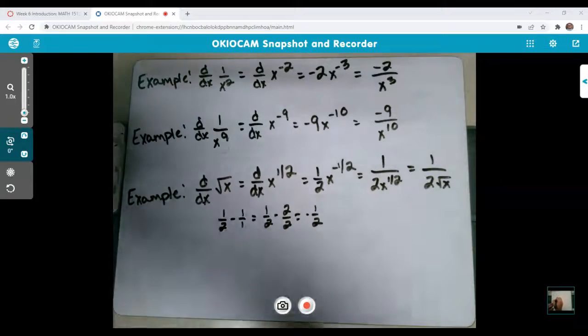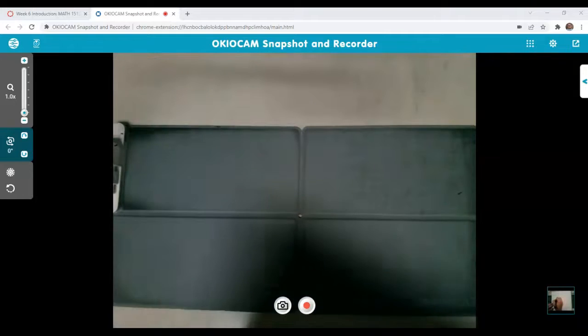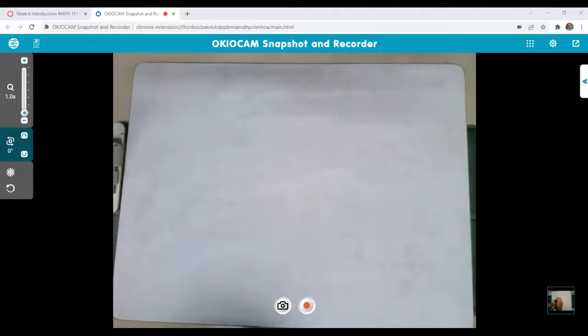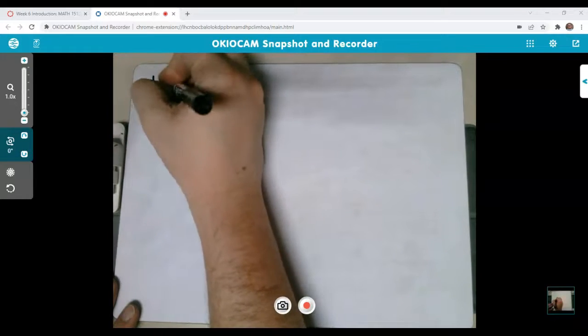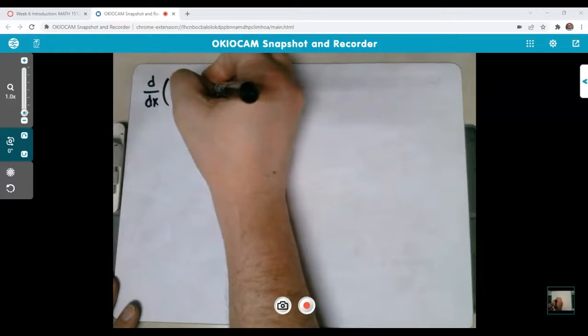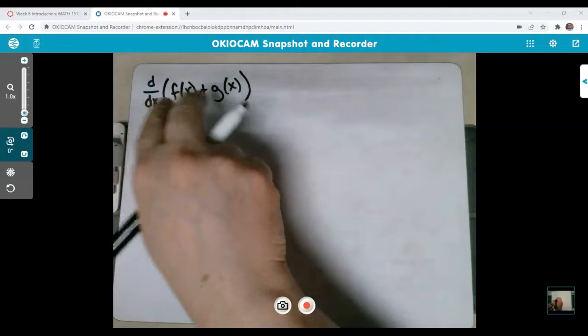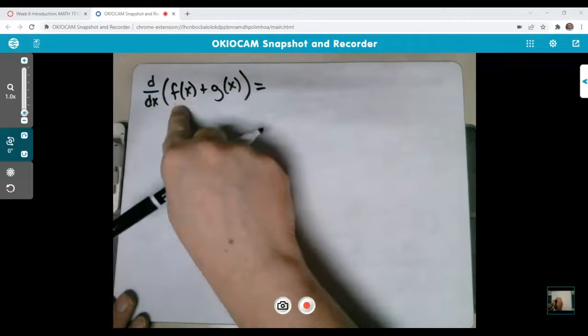So now that we have a few rules, I want to add some rules that are going to help us use several of these tricks at one time. The first one says that if you're taking the derivative of one function plus another one, then I can split this up and do the derivative of each one of these things.